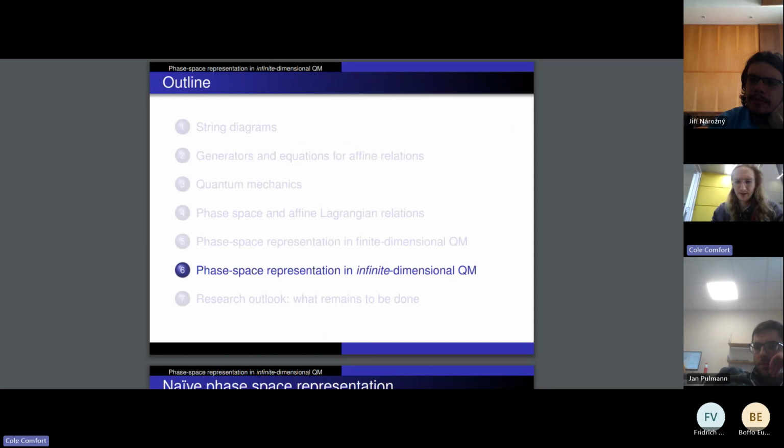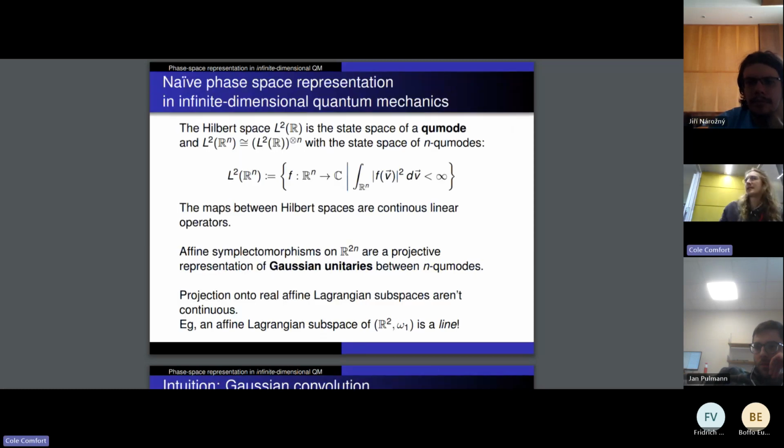This is a notoriously difficult problem among people who are trying to give equational theories for quantum circuits, because infinite dimensional Hilbert spaces are a lot less well-behaved than finite dimensional Hilbert spaces.